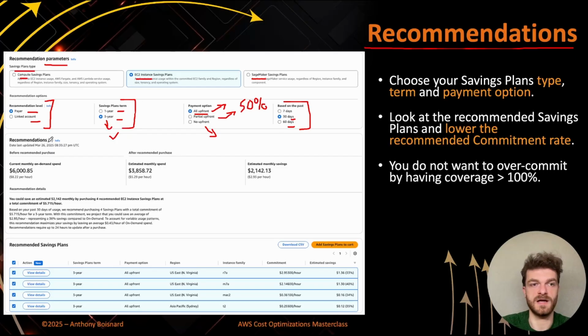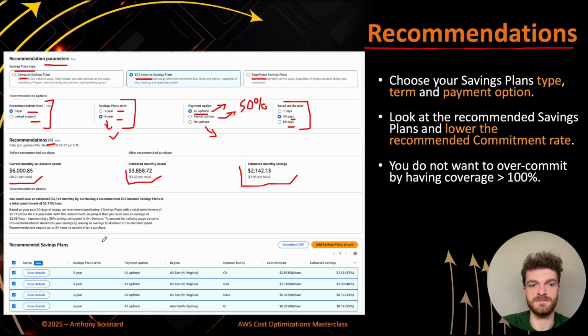And you can see here I have 4 recommendations, with the current monthly spend I'm spending right now, the estimated monthly spend if I purchase all those savings plans, and the estimated monthly savings.